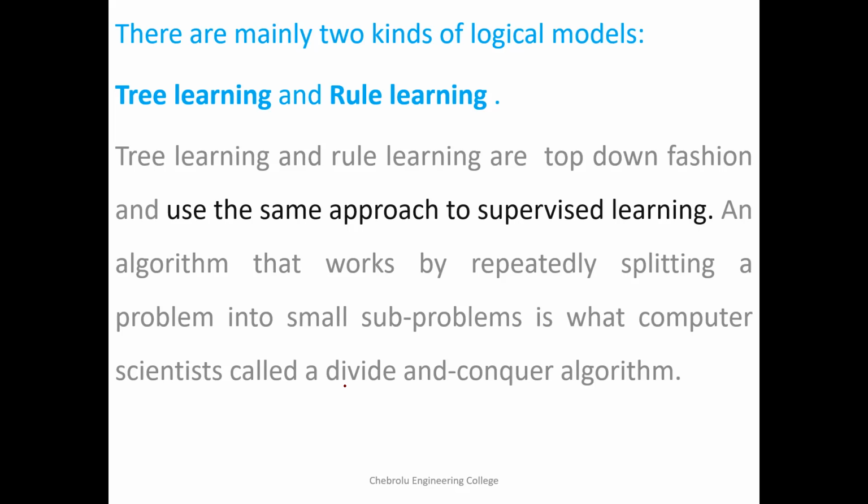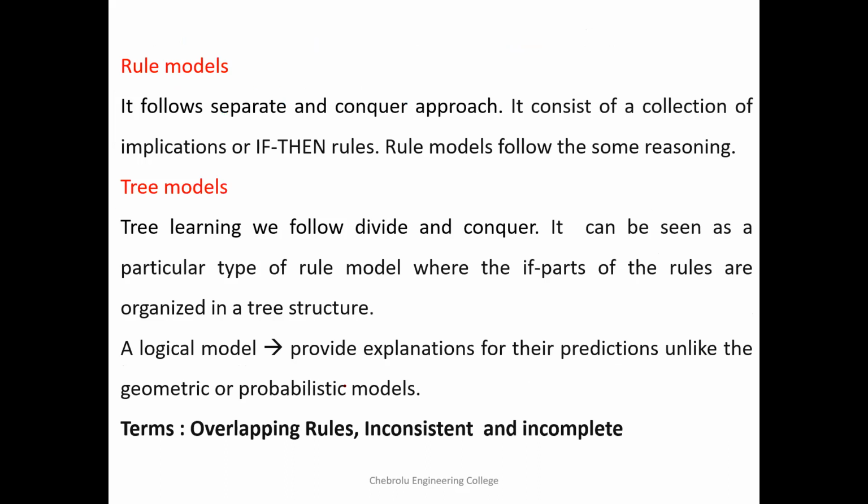We write a module for each sub-problem. And later, we combine all these modules into one. That is called divide and conquer. You might have learned this particular thing before. Anyhow, whatever it is, the rule model.